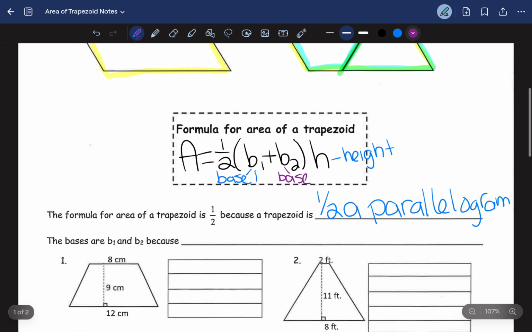Okay, then this next one says the bases are B1 and B2 because, and y'all learned this last year, but in case you forgot, they are parallel. That's why. So they're parallel, they're across from each other. Remember, parallel means that there are two lines that go on forever and they will never intersect.